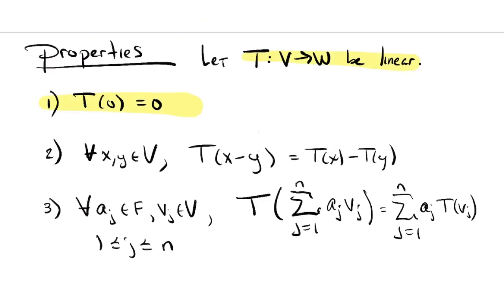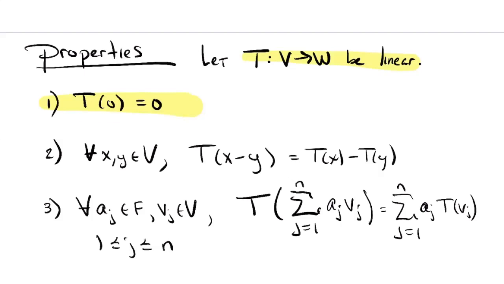So that's a good way to show that a function isn't linear, for example. If somebody hands you a function and asks, is this function linear? One of the first things you can check is, does it send the 0 vector to the 0 vector? Because if it doesn't, it can't be linear.